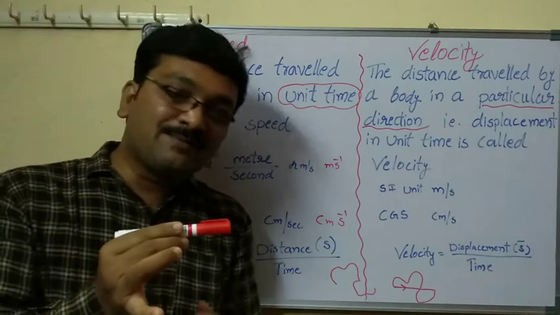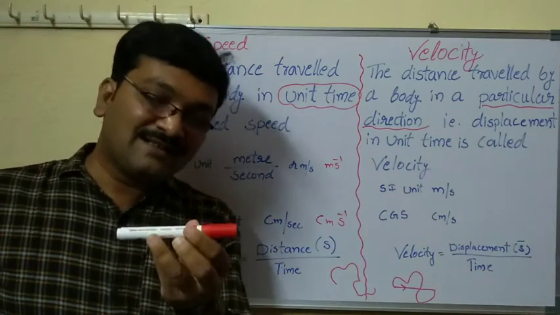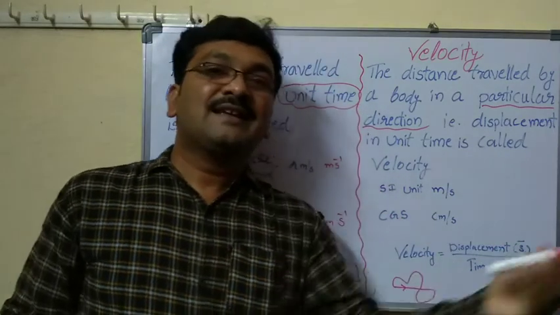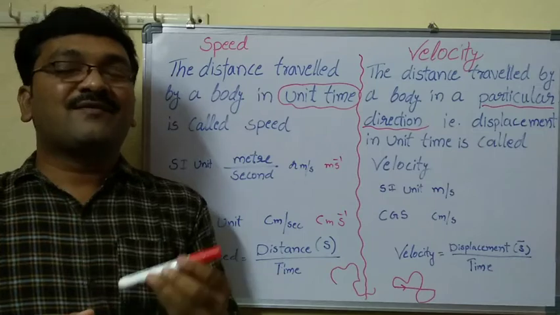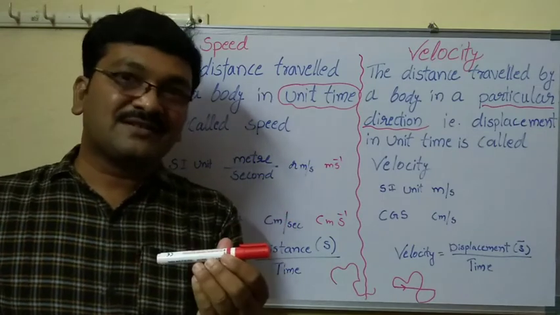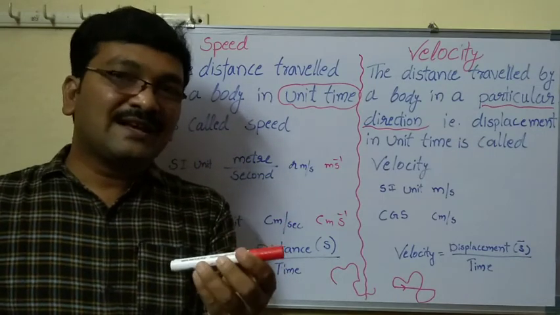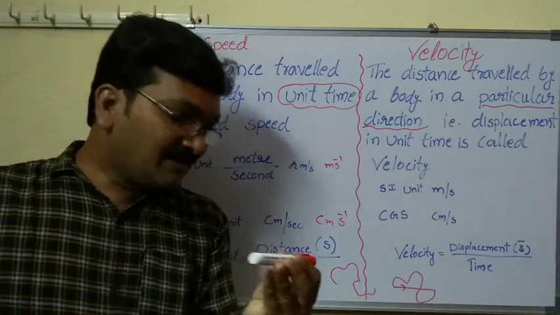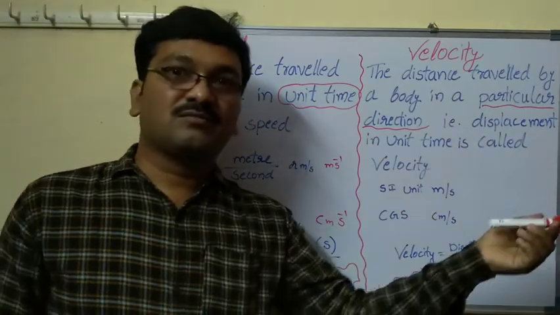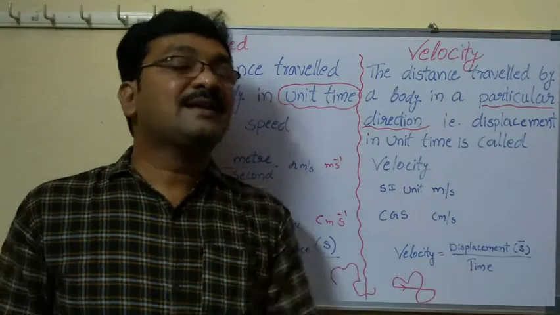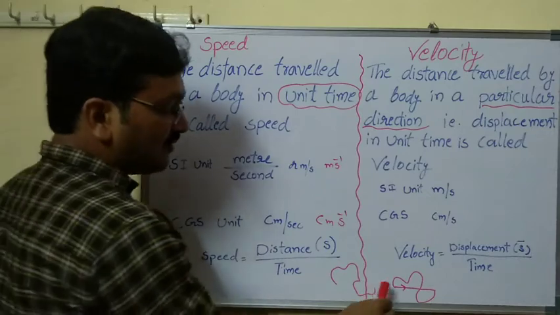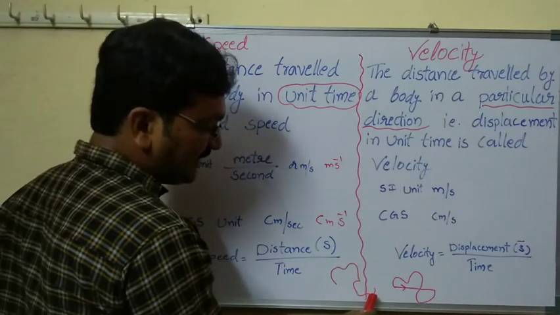Suppose I take the pen and think of it as one small car. If it is moving in a particular time period, suppose in 1 minute it travels 10 meters, there is no condition on direction. It may go like this also. But when we take velocity, suppose I go from here to here.